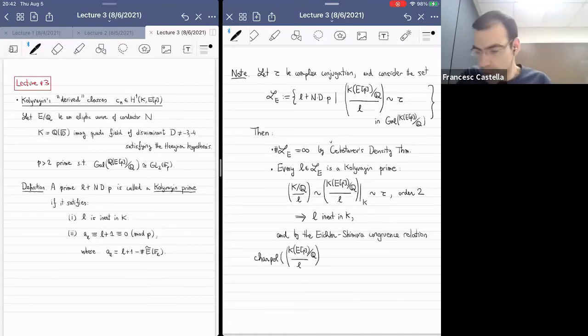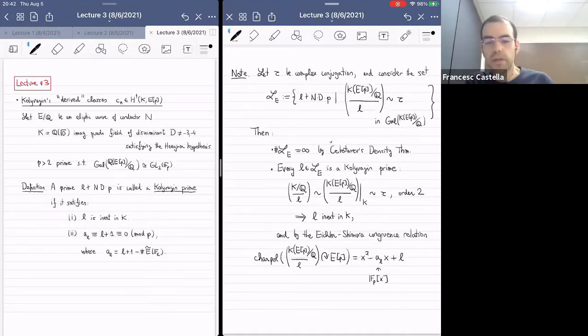This is the Frobenius element acting on the p-torsion. We know the trace is a_L and the determinant is L because it's a cyclotomic character. So this is now a polynomial in F_p[x].